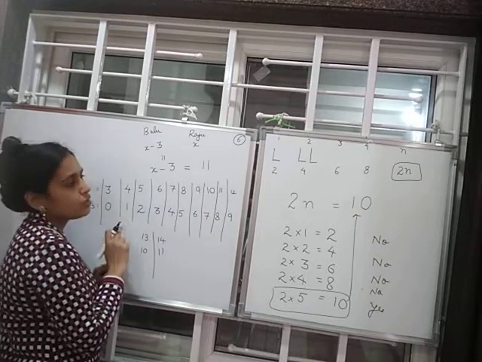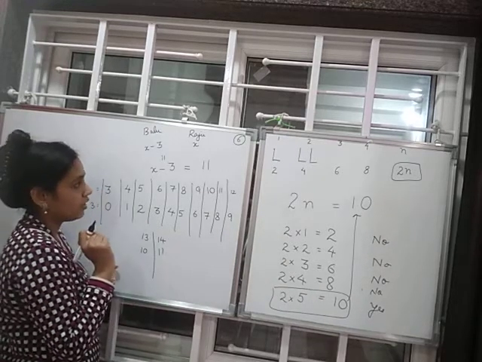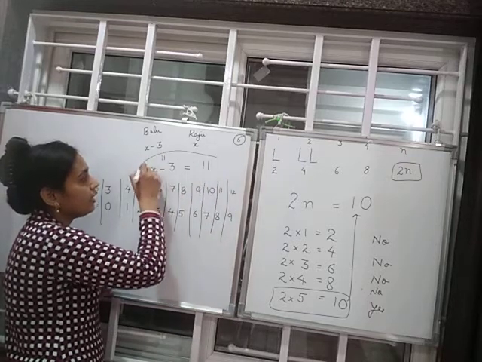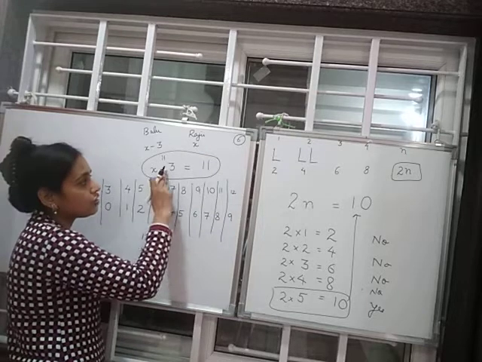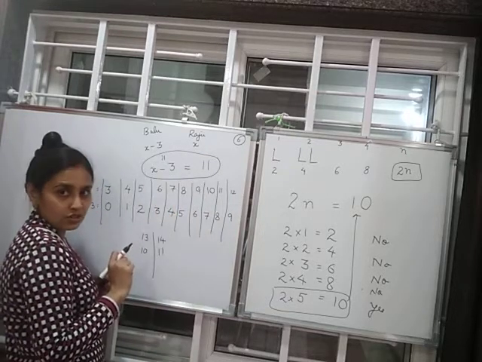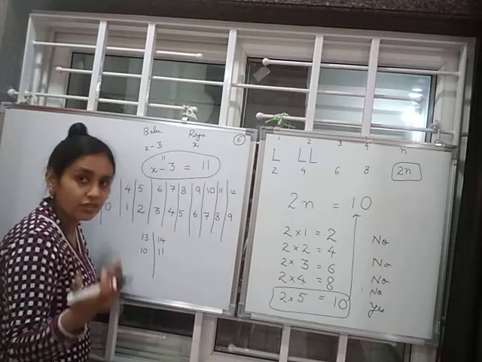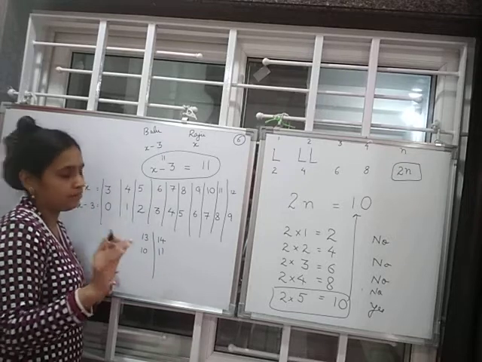Yes. Okay. So children, from these two examples, what can we make out? We can make out that any equation, now this is an equation, okay, such type of expression is known as an equation. I'm going to explain further once again what is an equation, in a very simple language.